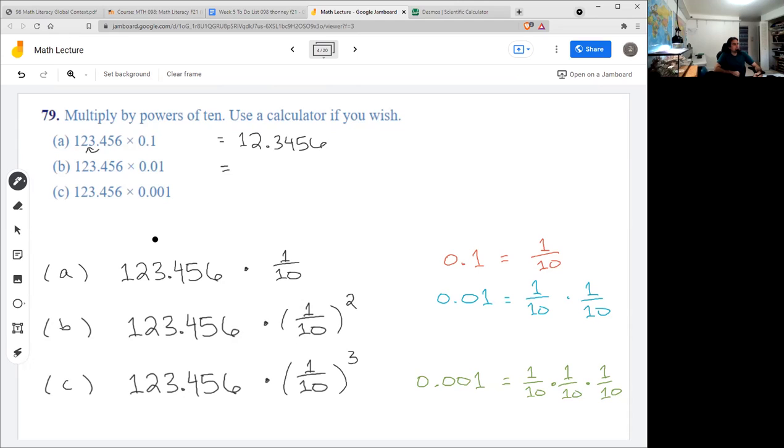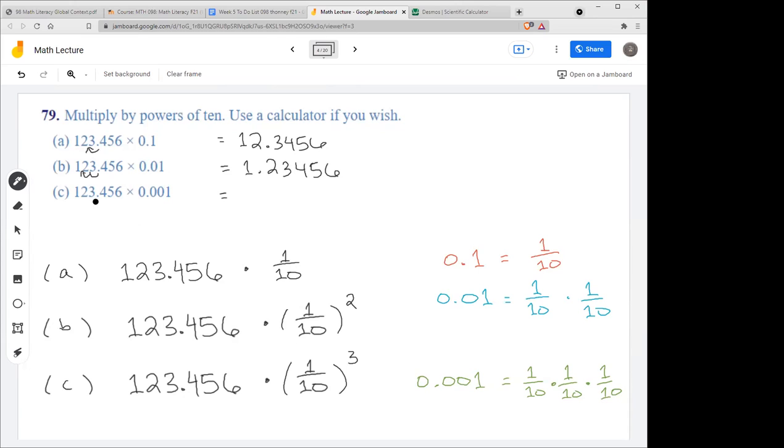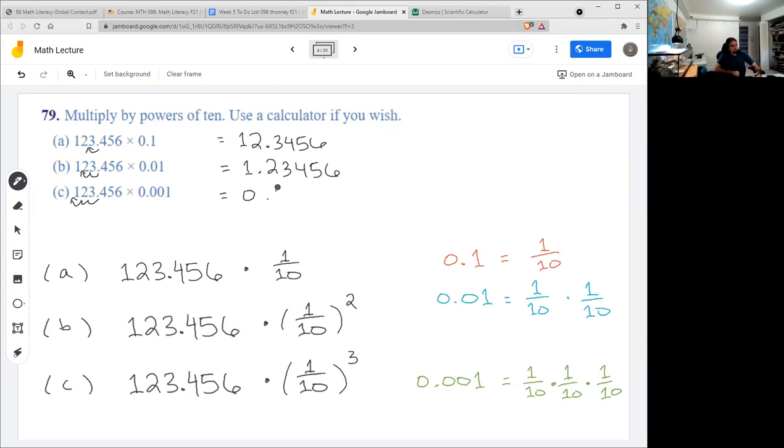It goes 2 to the left. And C? Decimal point moves 3 to the left. Correct. Okay, excellent work. So it's the same, sort of. And the sort of can be important, so let's talk about it.